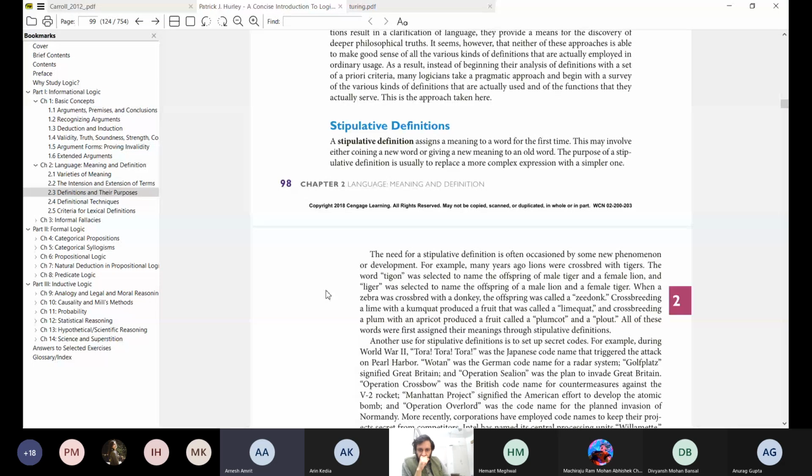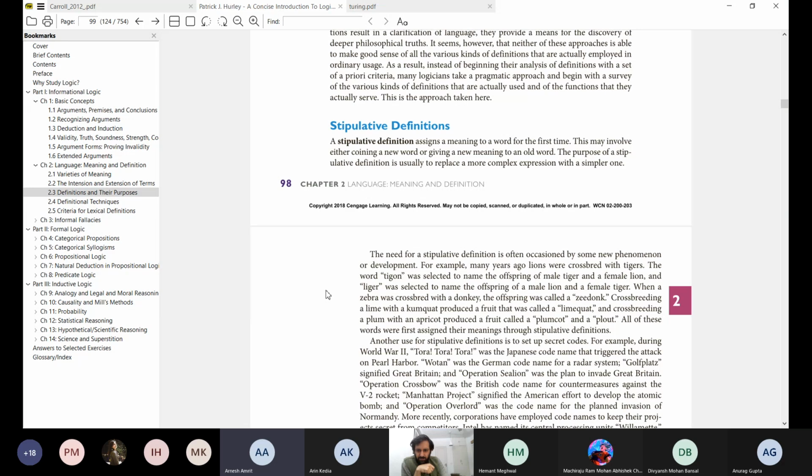For example, many years ago, lions were crossbred with tigers. The word tigon was selected to name the offspring of a male tiger and a female lion, and liger was selected to name the offspring of a male lion and a female tiger. When a zebra was crossbred with a donkey, the offspring was called a zedonk.